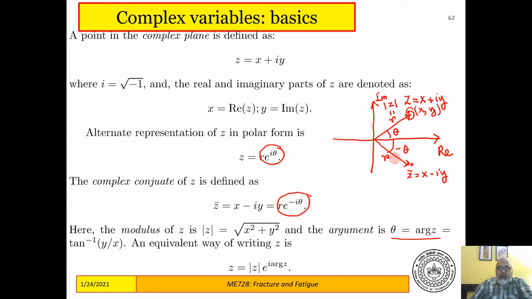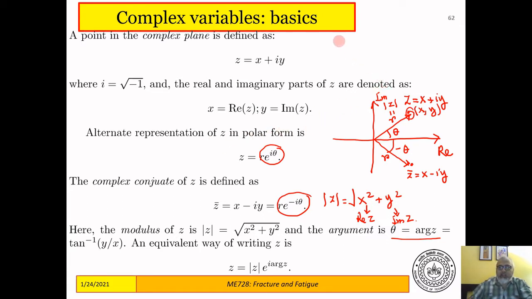The magnitude of z, mod z, is root over x square plus y square, where x is the real part of z and y is the imaginary part of z. This is how we will denote the complex variable.